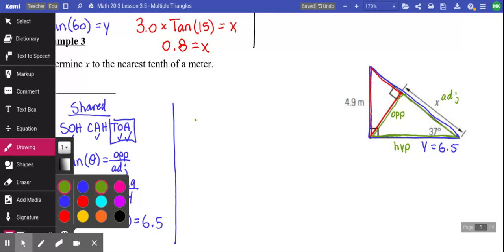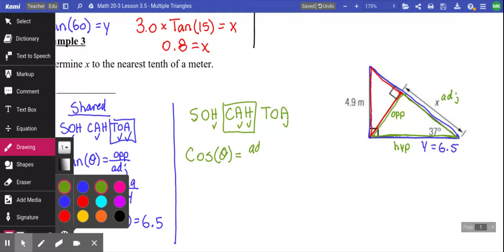So we're going to roll through Sohcahtoa. We're putting checks under A and H this time because I want to know A and I do know H. So checks under A and H would give me cosine. My formula for cosine is adjacent divided by hypotenuse.